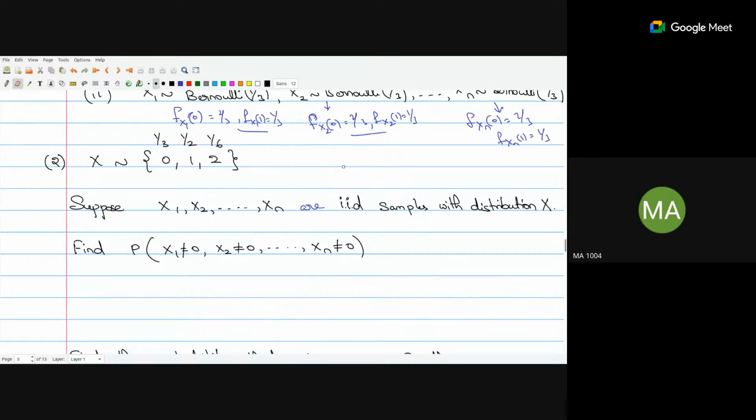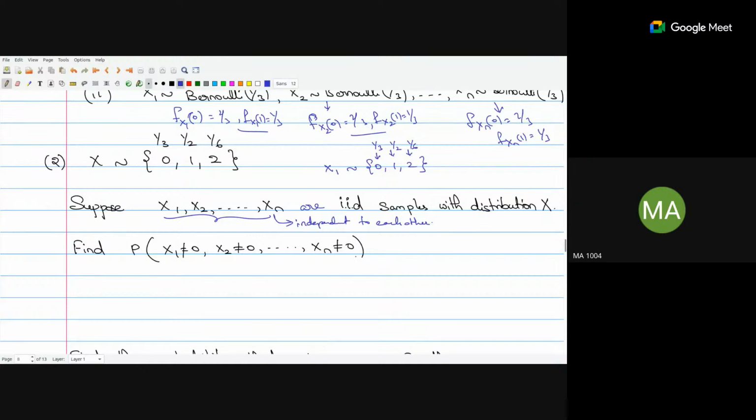First of all, x1 to xn are independent of each other. IID says all of these x1 to xn are independent of each other. The first I is basically independent. The next thing is identically distributed, which means x1 follows 0, 1, 2 with probabilities 1 by 3, 1 by 2, 1 by 6.